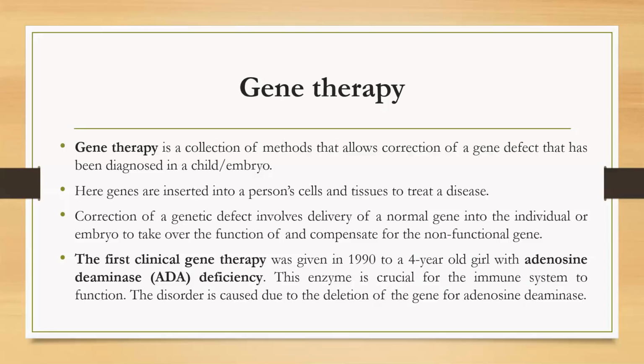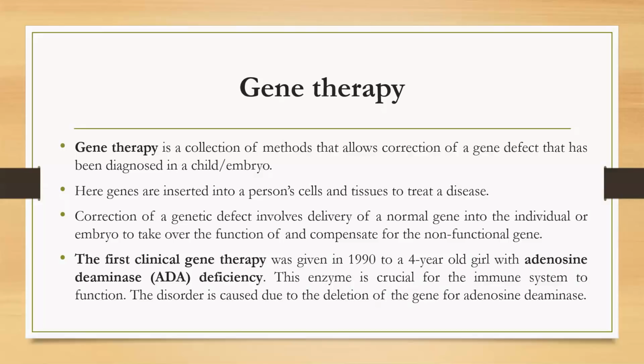SCID is due to the defective adenosine deaminase gene. So gene is malfunctioning. When adenosine deaminase gene, ADA gene, is malfunctioning, that causes production of abnormal adenosine deaminase or deficiency of adenosine deaminase enzyme.